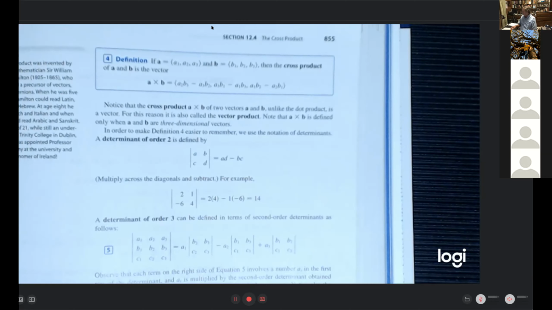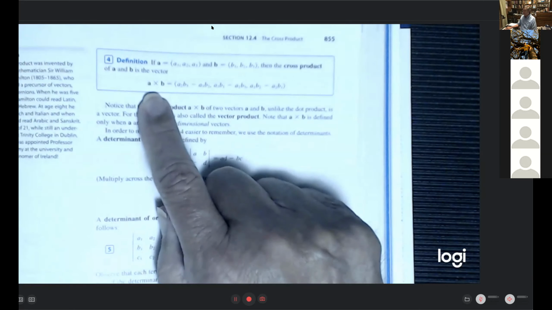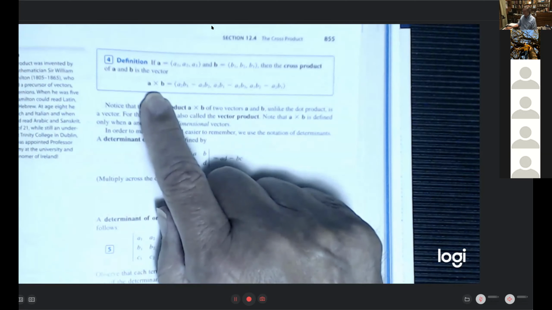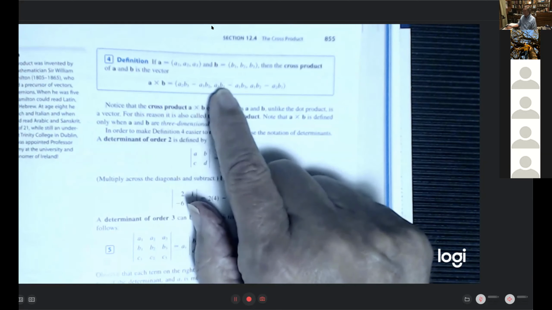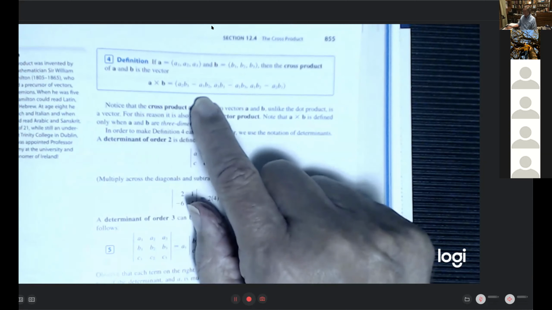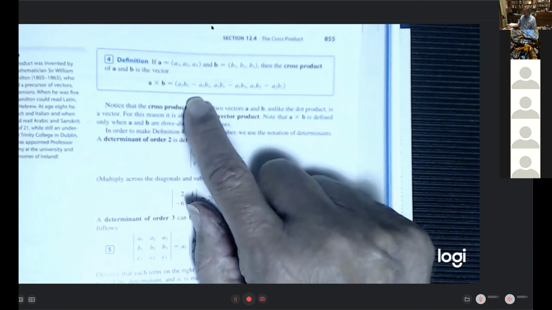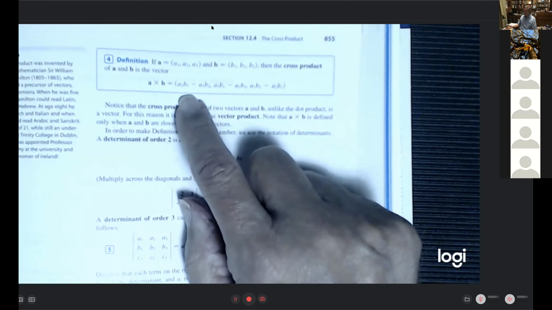But the cross product of three tuples called triples, and you can see them a little bit further above my hand. What you get is a vector as an answer. And it may be hard to see here, but what it says is A sub 2, B sub 3 minus A sub 3, B sub 2.